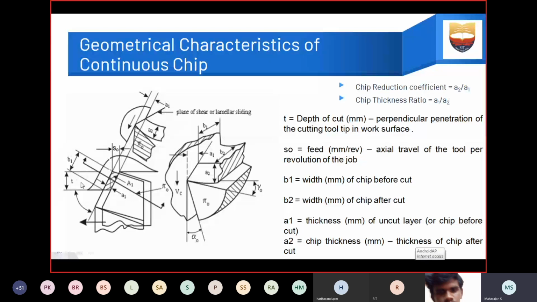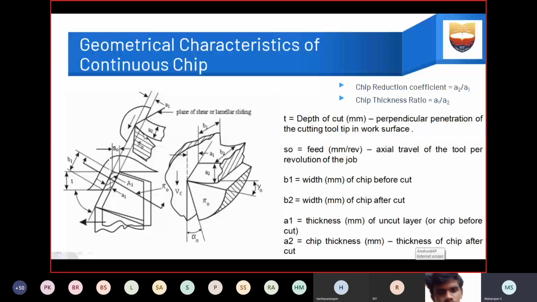And this is T, which is the depth of cut we are going to give. This is B1, the width of the cut. This thickness is A1, which we call the thickness of the uncut layer. And if you look at the cross-sectional view of that particular plane, this is the tool.